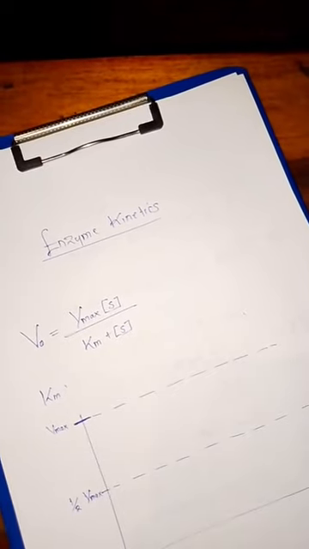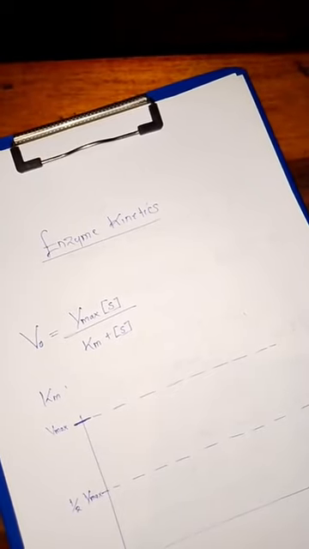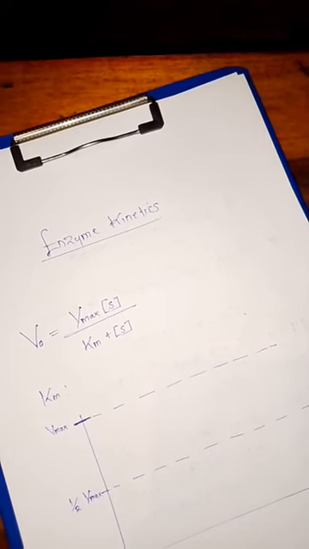So the Km will show how much substrate is needed for an enzyme to reach half of its maximum velocity. It will also tell you how strongly an enzyme is attracted to its substrate so that it can reach half of its maximum velocity.